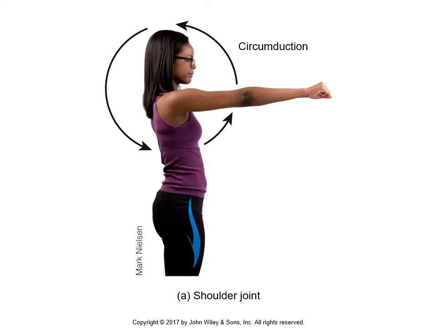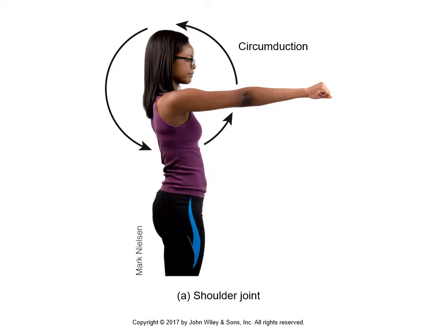Now, one thing that is a little less utilized, far fewer joints in the body can perform this. This is something called circumduction. Circumduction is when you think about making a circle with your shoulder. Just hold your arm out to the side and think about making these big, large arcs, these big circles.